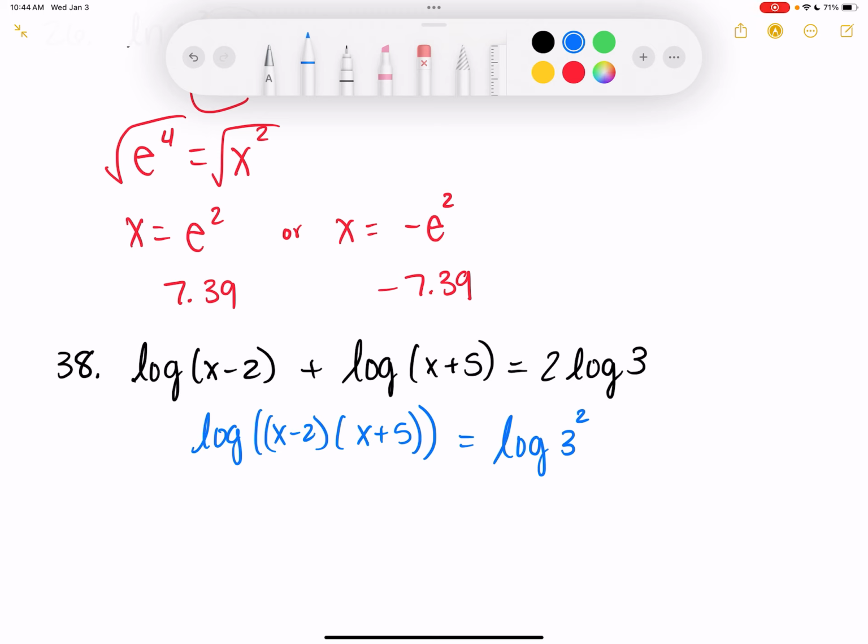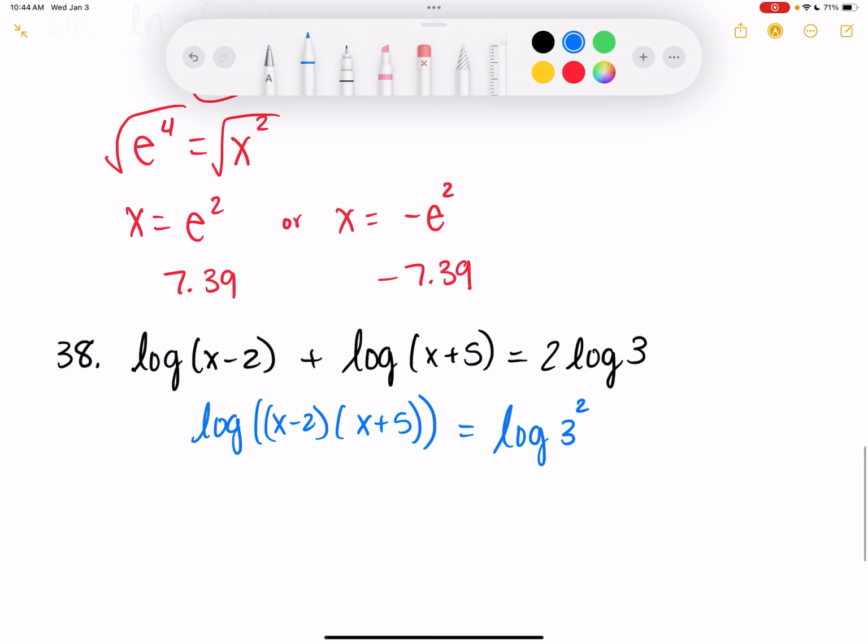So x minus 2 times x plus 5 has to be equal to 3 squared, because this is the same log, so that means what's inside has to be equal. So I'm going to go ahead and FOIL this just to save a step. So x squared minus 2x plus 5x, so plus 3x minus 10 equals 9. So then x squared plus 3x minus 19 equals 0.